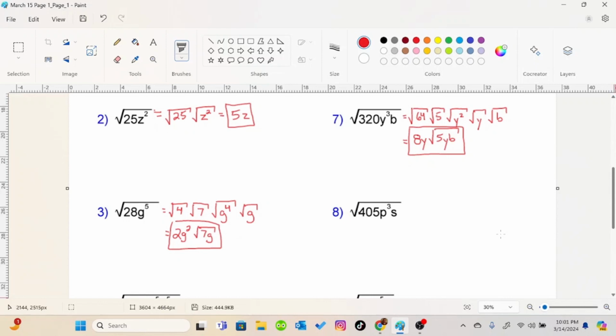Number 8. 405 can be thought of as 81 times 5, and p to the third can be thought of as p squared times p.